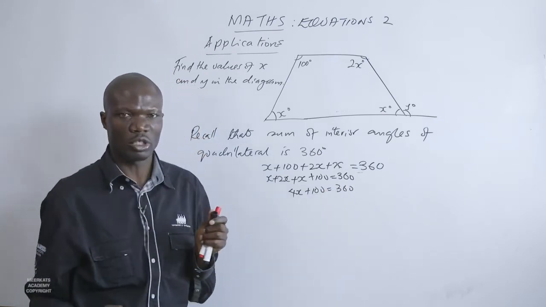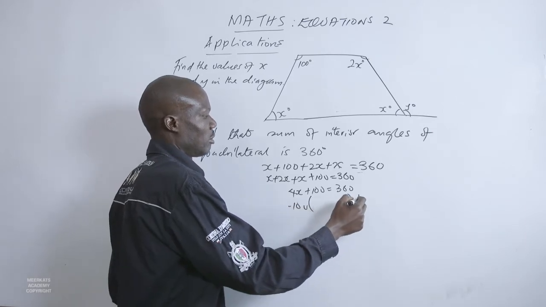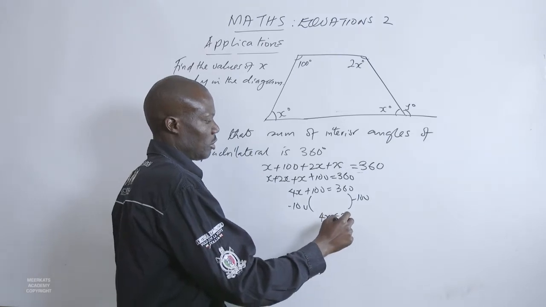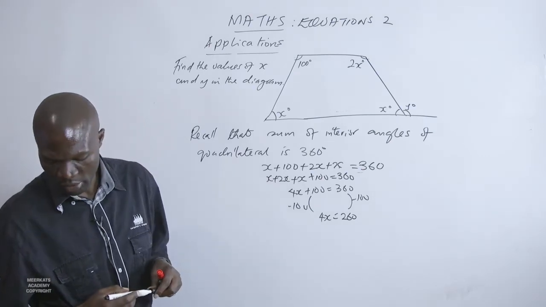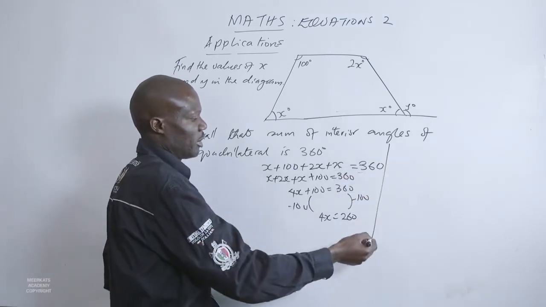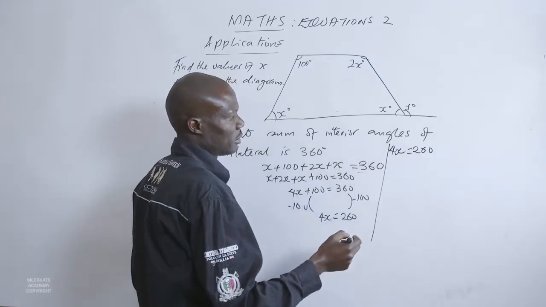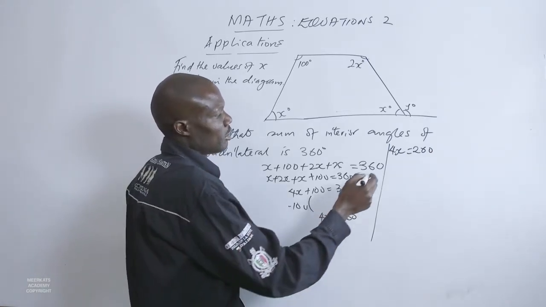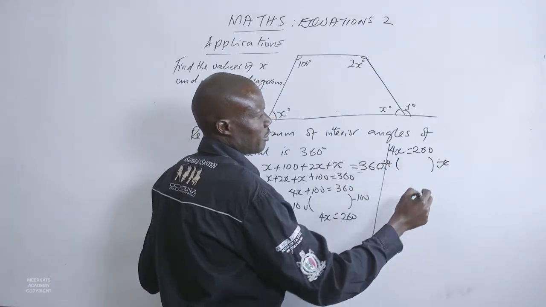We subtract 100 from both sides. You remain with 4x is equal to 260. Then you divide here by 4 and divide here by 4.